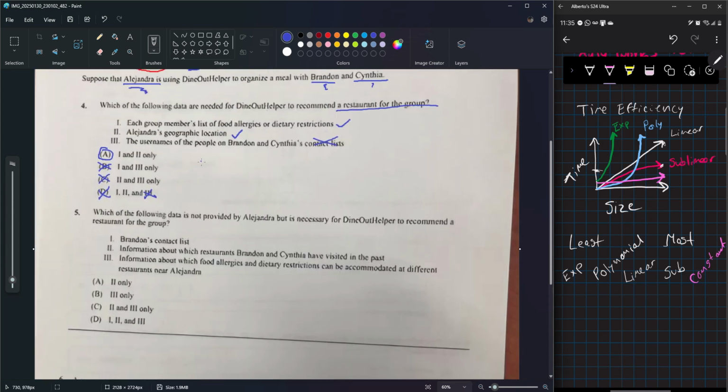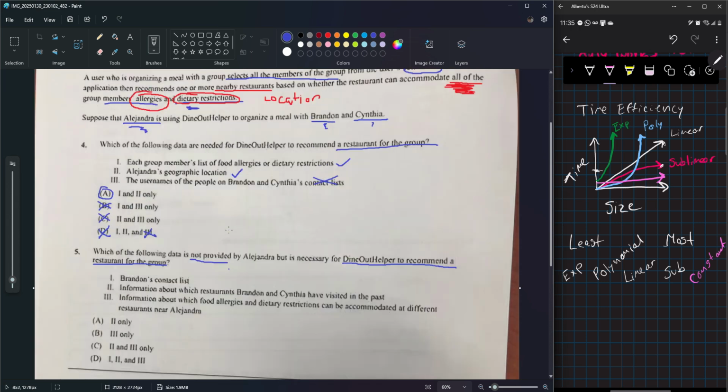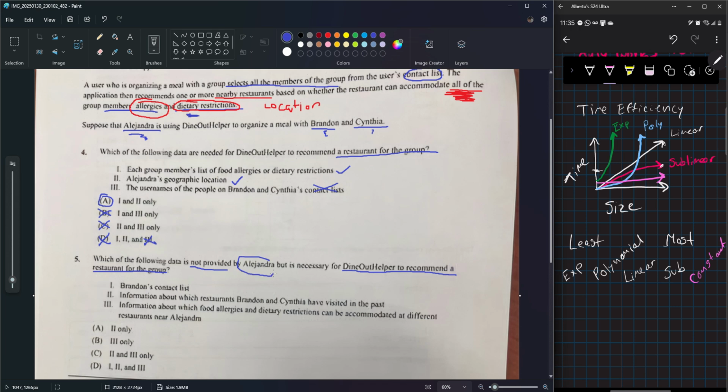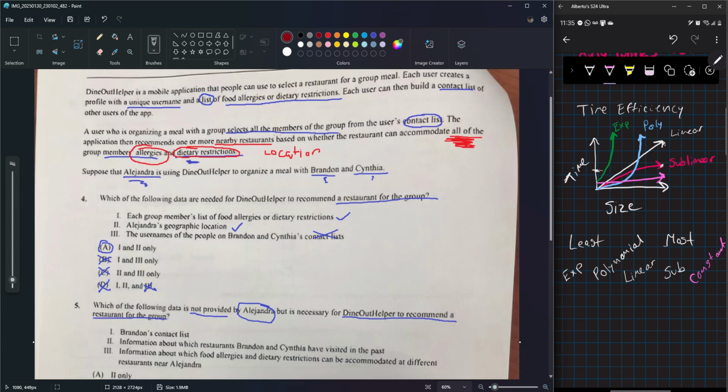5. Which of the following data is not provided by Alejandra but is necessary for Dina Helper to recommend a restaurant for the group? Okay, so Alejandra only provides information from her profile, and it says right here, Dina Helper is a mobile application.